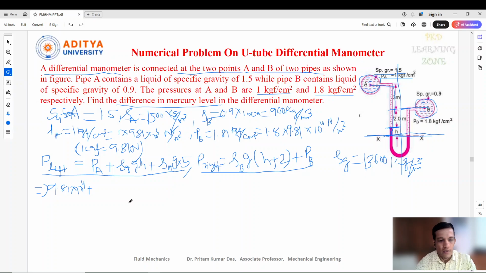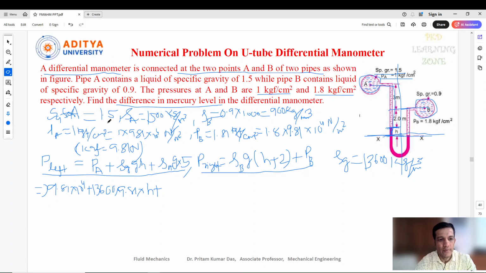So 13,600 into g, 9.81, into h, plus rho A.